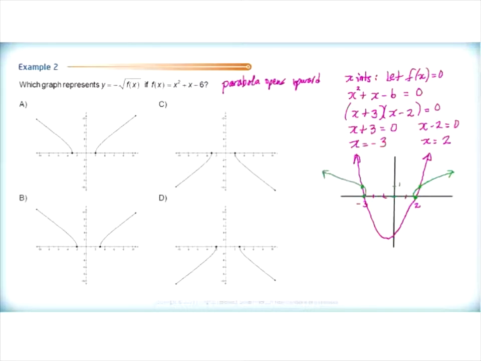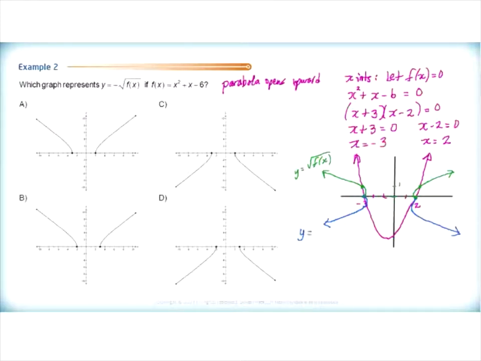So the green graph that you see here is the graph of y equals the square root of f of x. But now what we need is a reflection in the x-axis. So now these points have to be flipped about the x-axis, which will be located as follows. When it's reflected in the x-axis, the graph will look something like that.